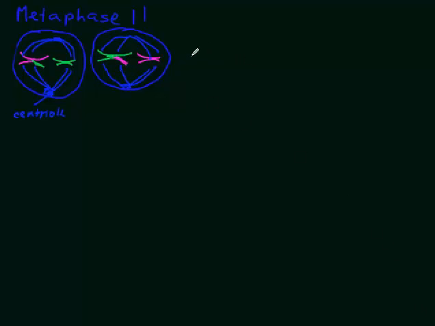After metaphase 2, we move into anaphase 2. So we can see the terminology is similar, and what's occurring in each stage is similar. In anaphase 2, I'll draw in my two cells, similar size, and we will place in our chromosomes.